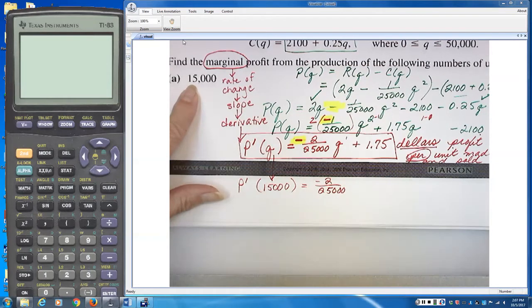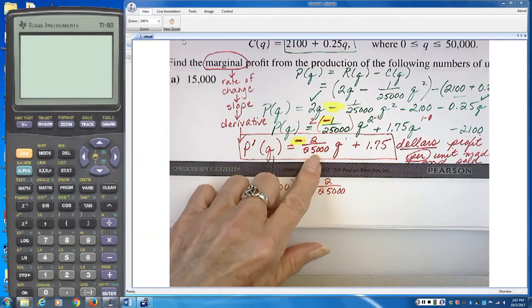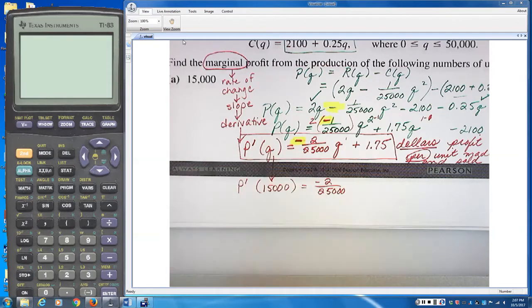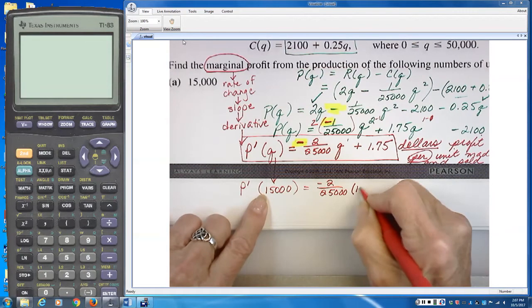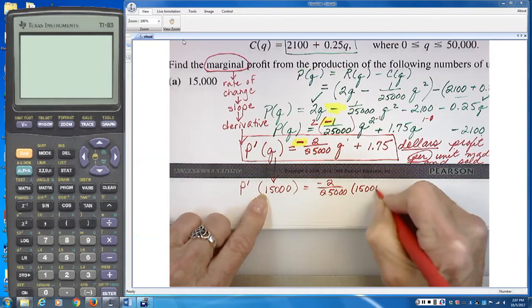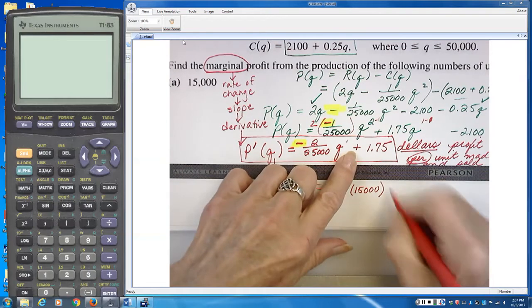And I think actually in the book, they changed this to 1 over 12,500. But you don't have to reduce the fraction, that's fine the way it is. Times Q, and Q is 15,000. Plus 1.75.